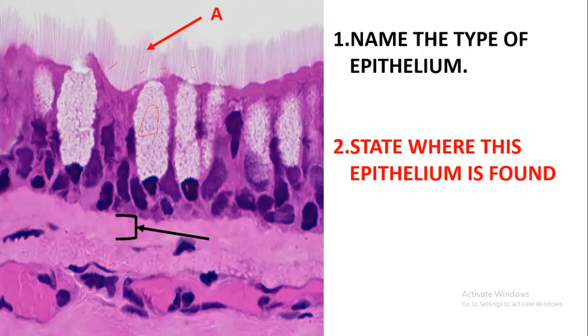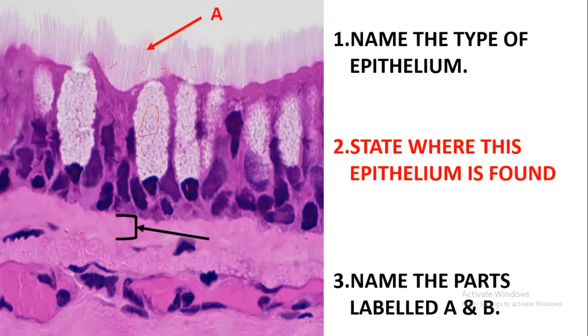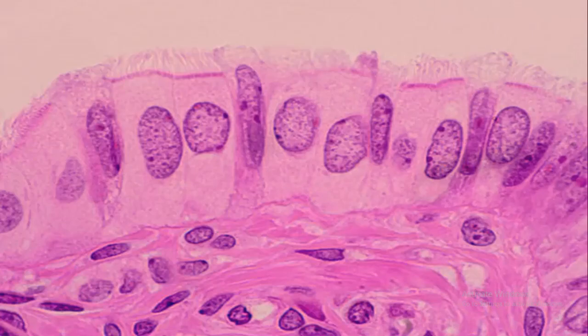Tell me the type of epithelium which is there, state where this epithelium is found, and also be able to label the parts A and B. So this is your assignment. Tell me the type of epithelium, tell me where it is found, tell me also the parts which have been labeled A and B. I'm sure this is B there. So please make sure that you do that.